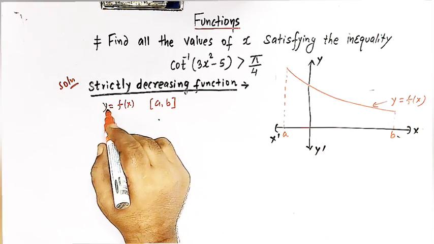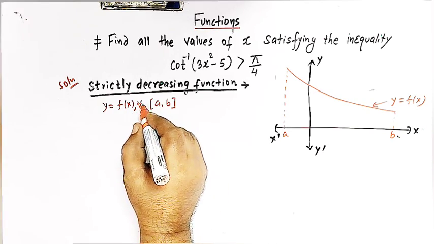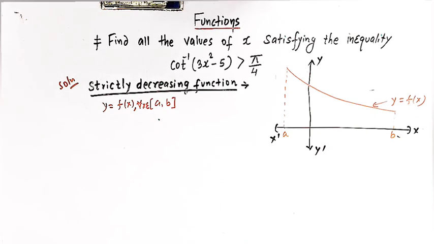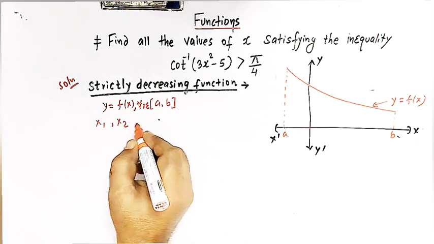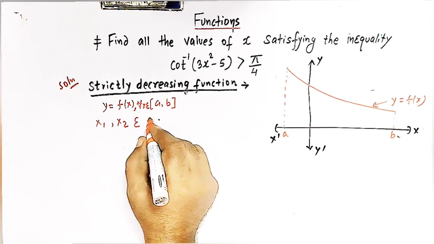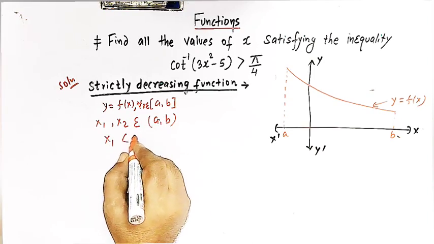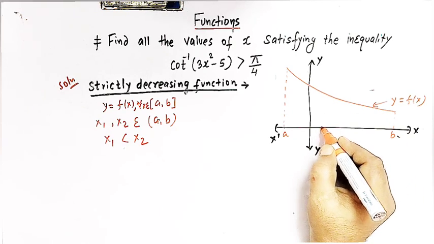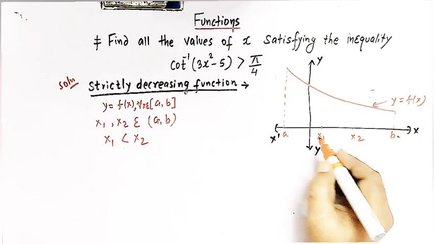So here y is equal to f of x is defined for all values of x belonging to this closed interval a comma b. Now let us consider 2 points x1 and x2 belonging to the open interval a comma b, such that x1 is less than x2. So we can take this point as x1 and this point as x2.